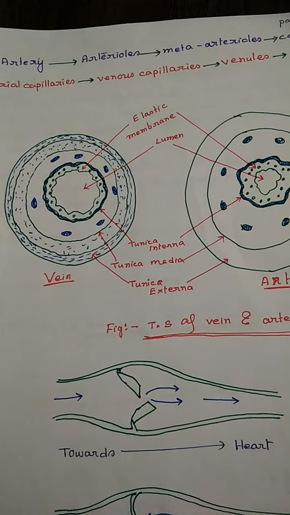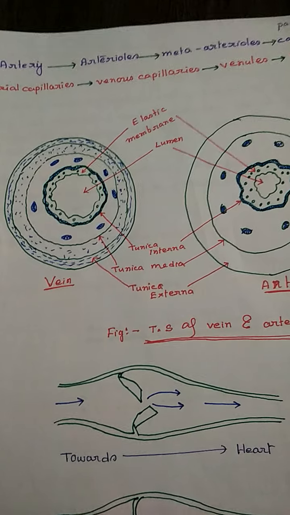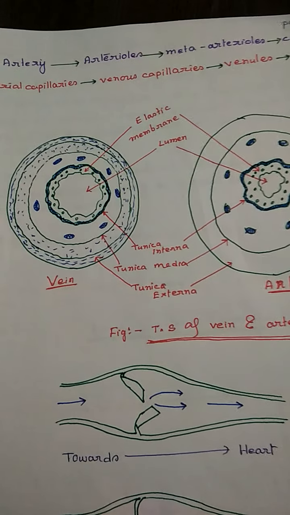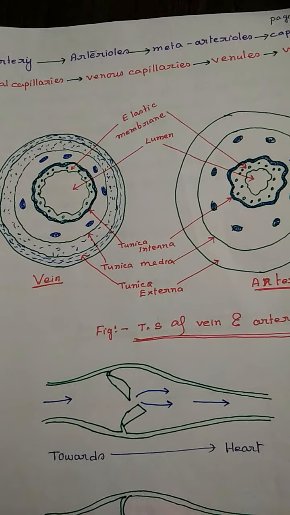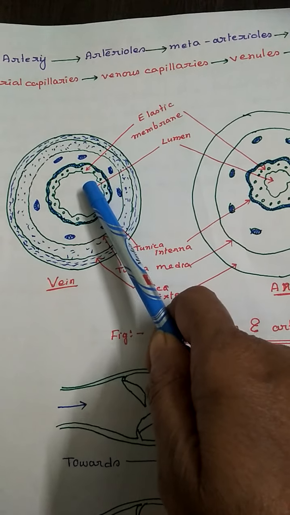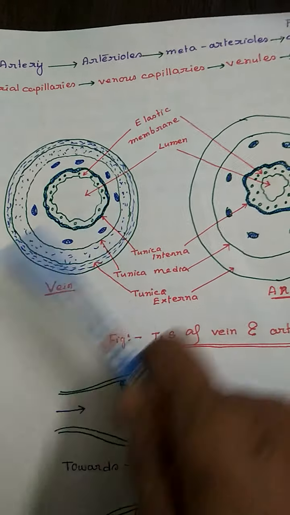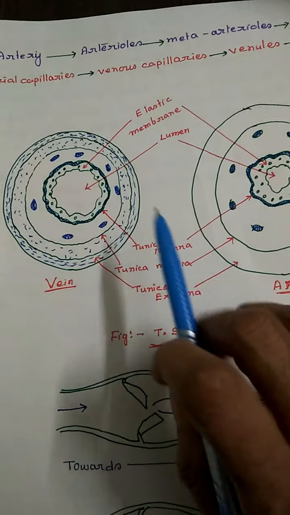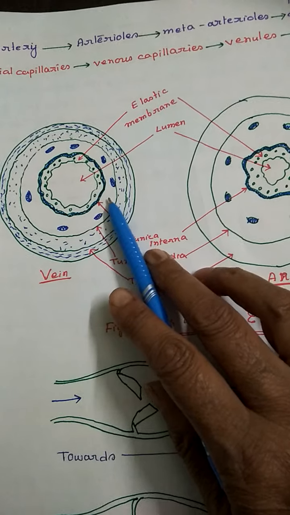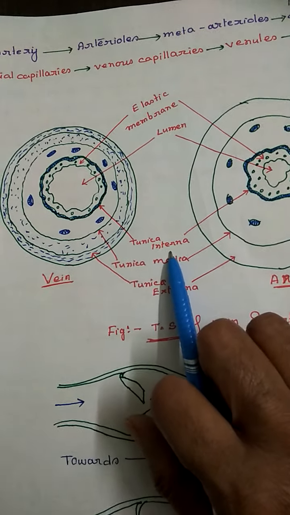Tunica interna also has two layers, endothelium and elastic membrane. This part is known as the elastic membrane and the other part is known as the endothelium, and together it is the tunica interna.